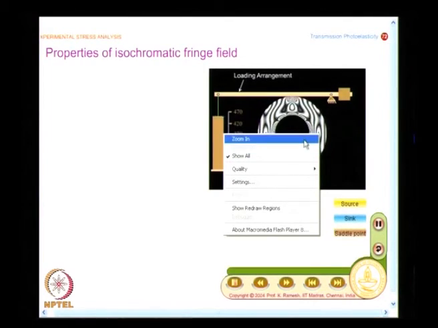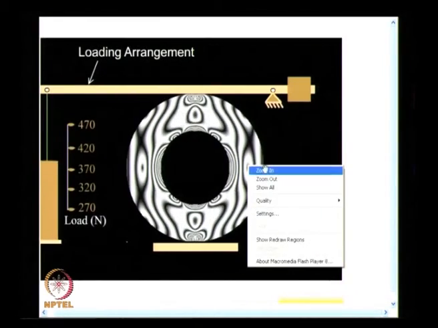Let me focus on this part of it. What is happening here? I have something special happening in this zone, and I have something special happening here.